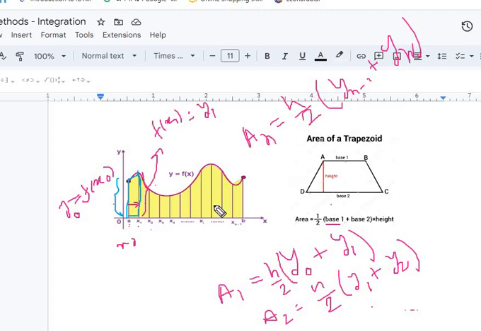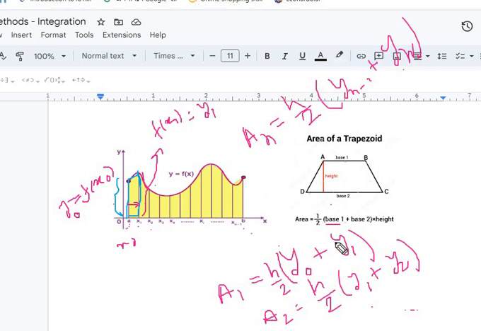Now you need to add to get the whole area starting from x0 to xn, or from limit a to b. So what will you get? Just see those equations. h by 2 is common. Just take h by 2 common. How many times are y0 and yn appearing when you are adding?